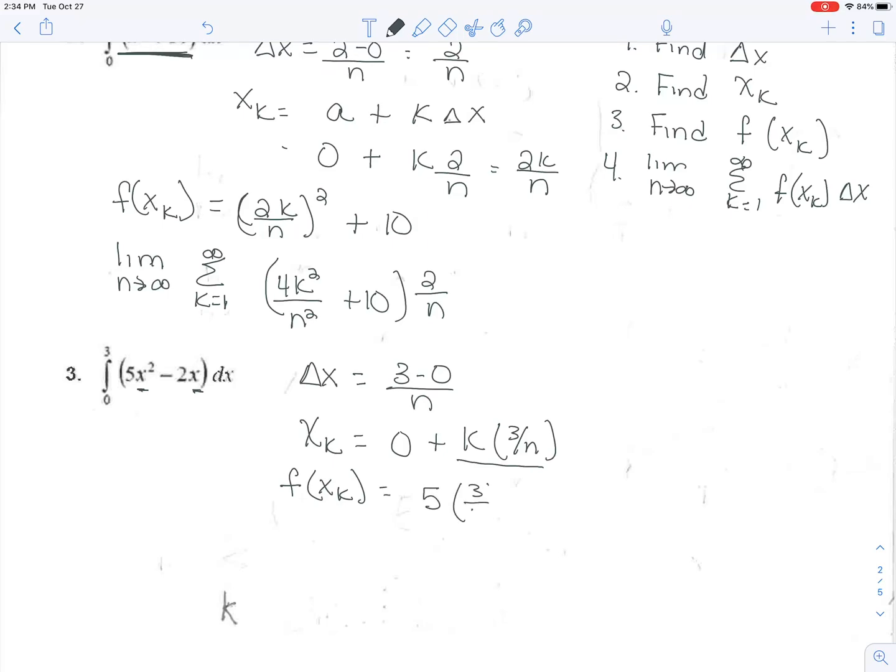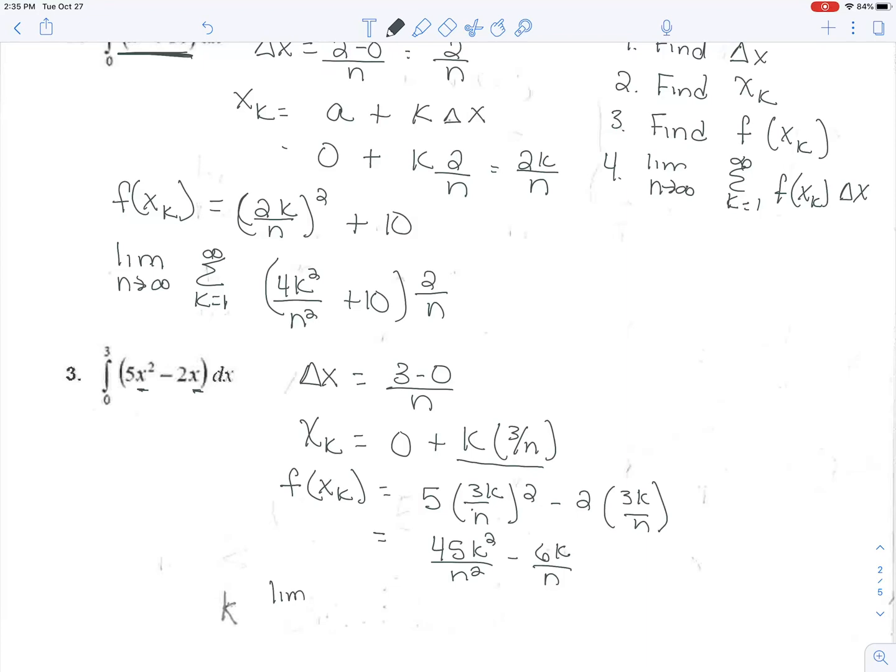So in that case, that is 5 times 3k over n, squared, minus 2 times 3 times 3k over n, which if we simplified that, that would be 45k squared over n squared minus 6k over n.